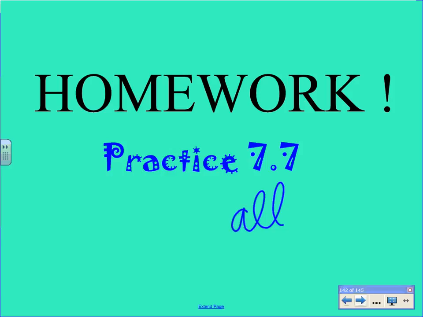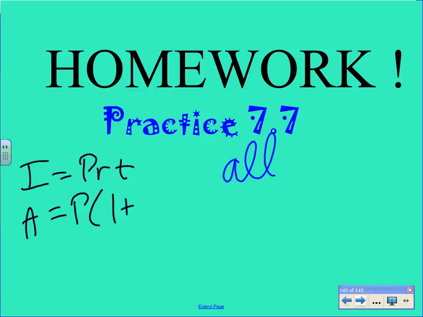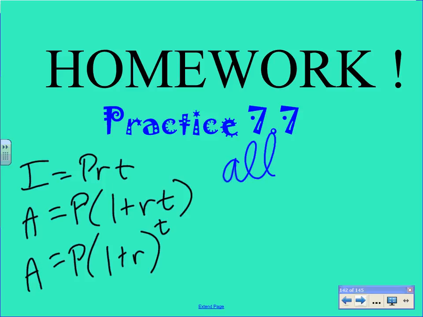So you have 3 formulas that you could be using. Let me write them up here real quick. We have interest equals PERT. We have the account balance formula. And then the last one is the compounded interest formula. So you have 3 formulas you could use. Only use the compound interest formula if it says in the problem it is compounded.